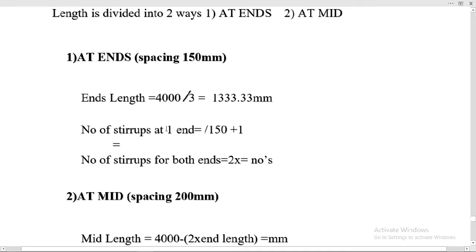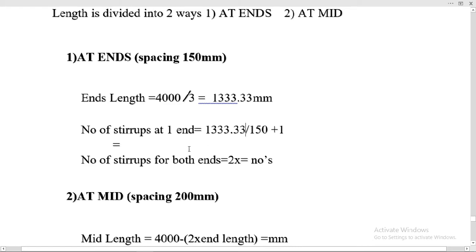The number of stirrups at one end: we divide the end's length by the spacing, plus 1. This is the formula. One end's length is 1333.33 millimeter divided by 150, which is the spacing, plus 1.